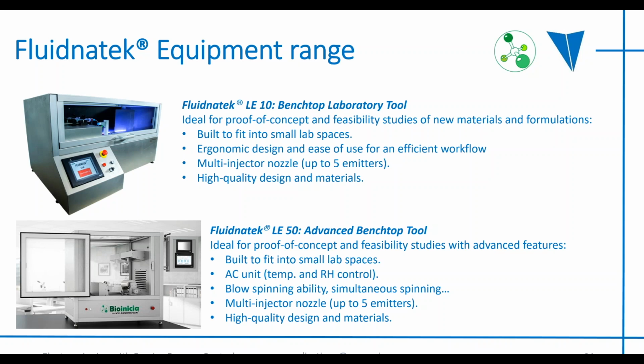Both of these machines can be used with a multi-nozzle injector with 5 emitters. So for slightly faster production, you're not having to wait quite so long as using a single needle apparatus that most people's homemade systems use.